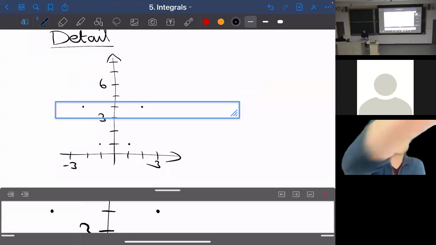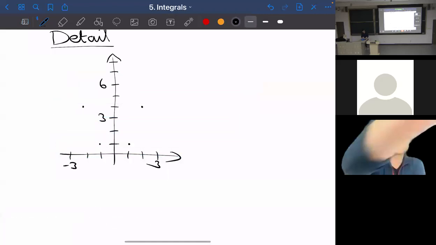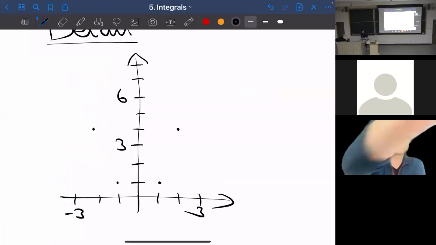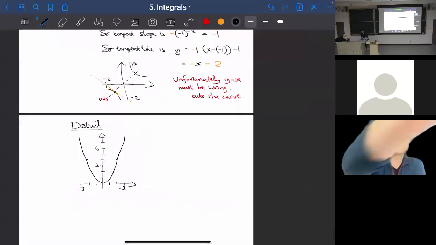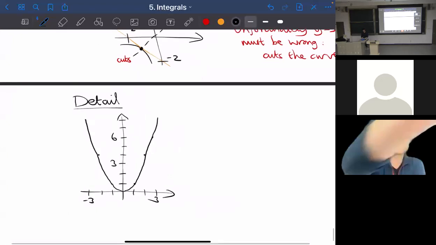Okay, and then I can join the points. Something like this. Okay, that wasn't very straight. Okay, so something like that.